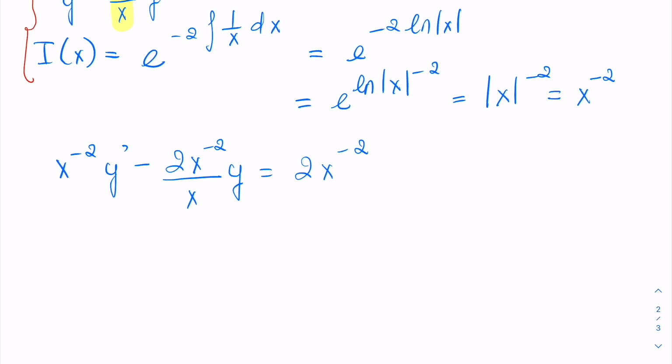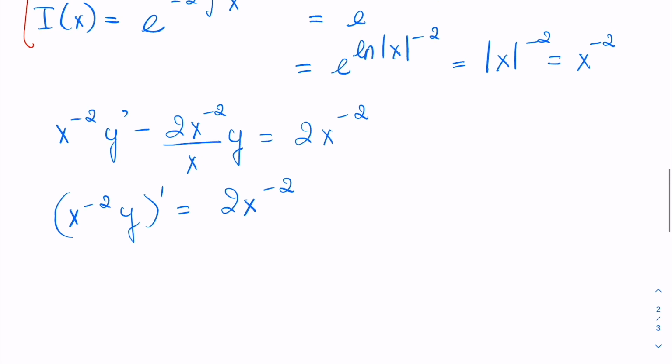So that turns into x to the negative second y, prime, equals 2x to the negative second power. Let's integrate.